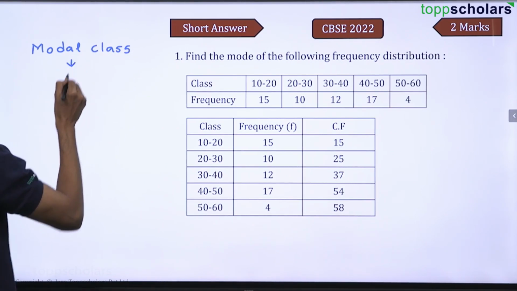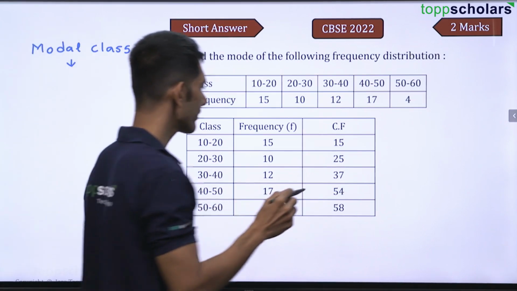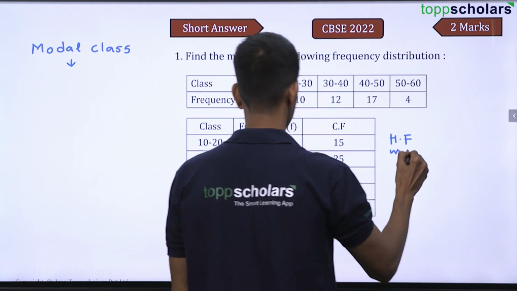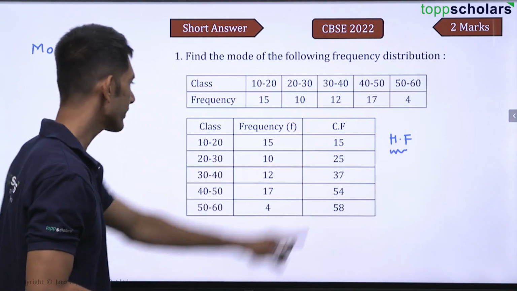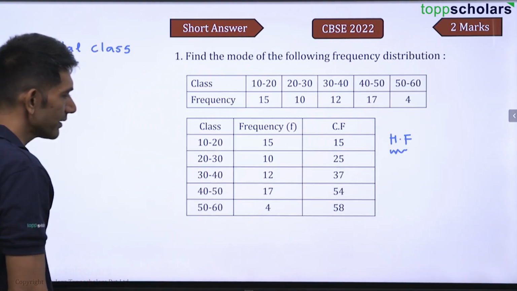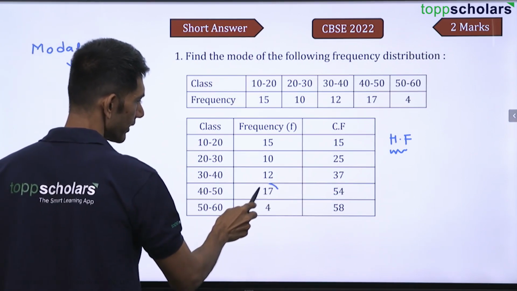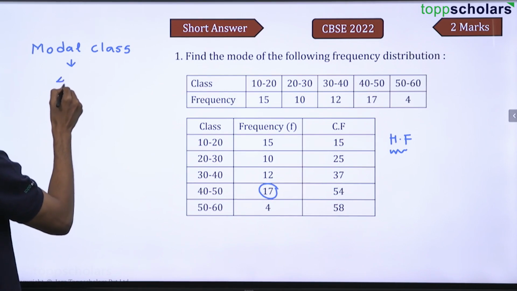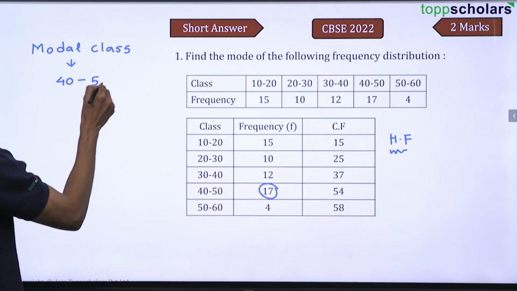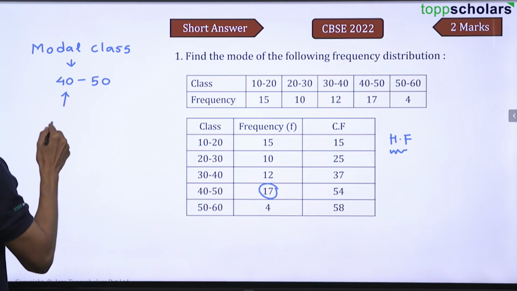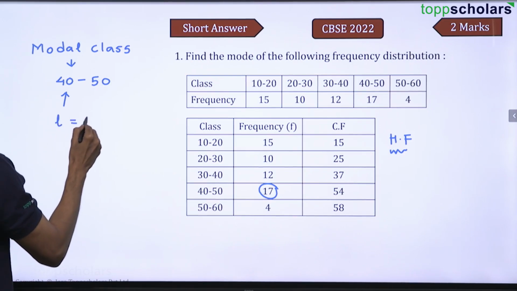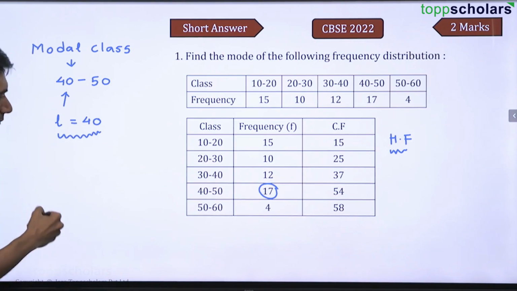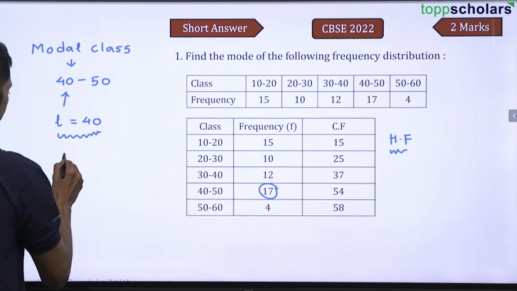Modal class here is the class with the highest frequency. Ignore CF. What is the highest frequency? The highest frequency is 17. So can I say the modal class is 40 to 50? So 40 is nothing but your L, the lower limit of the modal class.